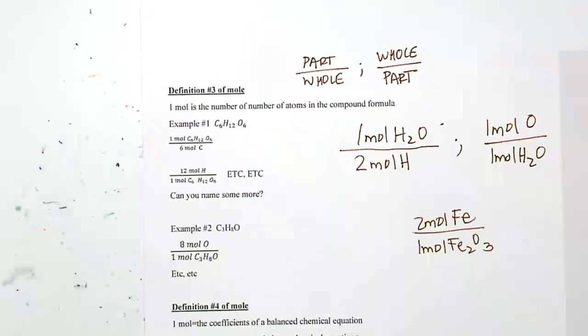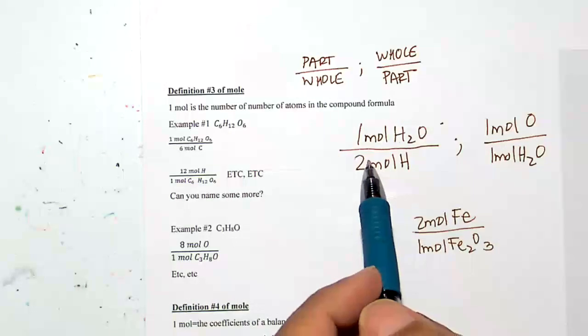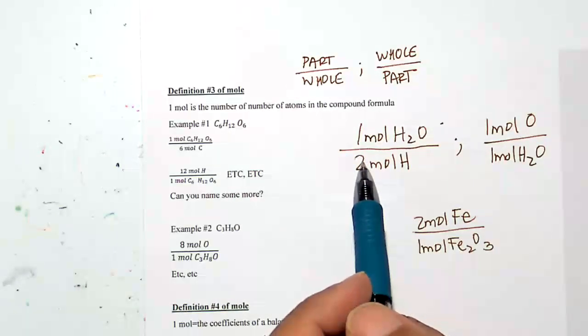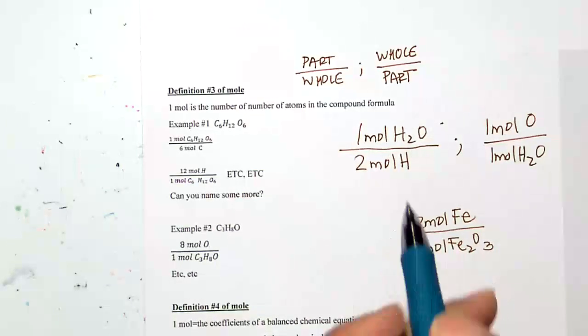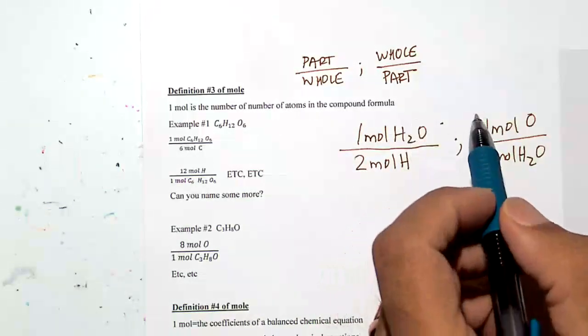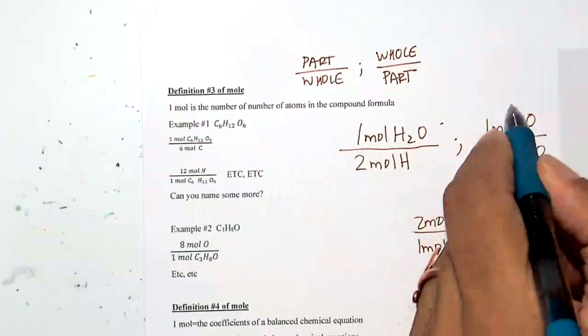When will we use this? We will use this when we want to find out how many moles of the atom are in the whole thing. So if we want the moles of the part out of the whole, like I said, part over whole.